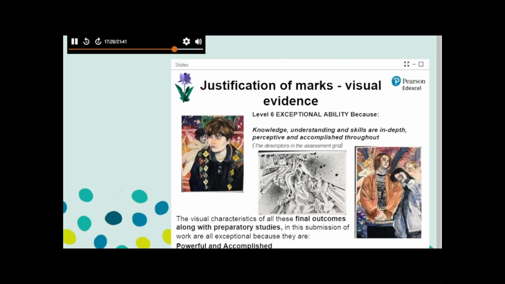Looking at the keyword descriptors on the taxonomy, the words that best describe Sarah's final outcomes and preparatory studies are powerful and accomplished within the exceptional level. Looking at the assessment grid, the descriptor that best fits Sarah's work is the Level 6 descriptor on the assessment grid. Knowledge, understanding and skills are in-depth, perceptive and accomplished throughout.